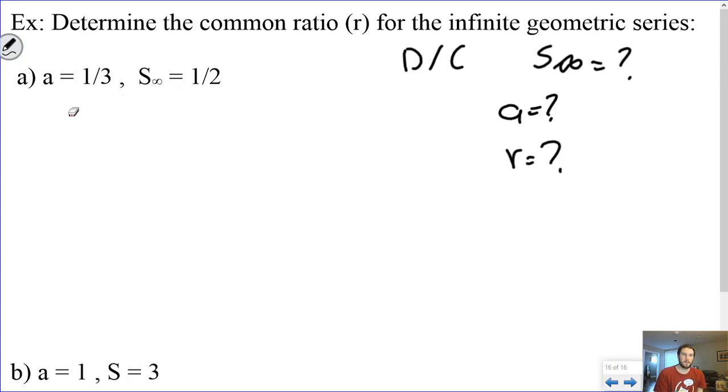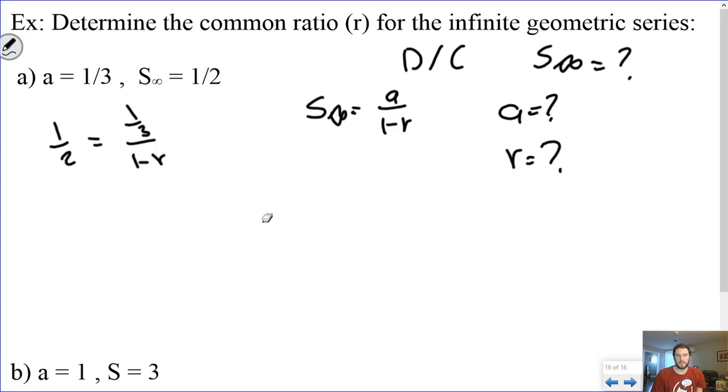So if I take my formula, that is the infinite sum is going to be equal to a over 1 minus r. Well, let's take this formula here and plug in my known values. So 1/2 is going to be equal to 1/3 over 1 minus r. And then just solve for r. Okay, so rearrange my equation.